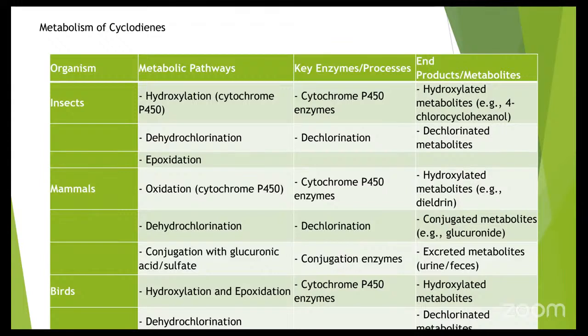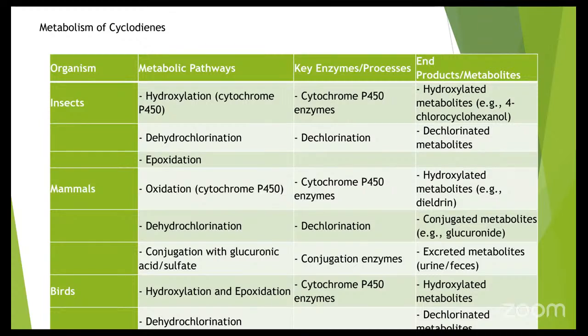So you can see that it is much more persistent than alpha endosulfan. Mirex is relatively very stable and is not easily metabolized by animals. Its photodecomposition is slow. In mammals, isodrin is epoxidized to endrin, which is oxidized without skeletal rearrangement and excreted. So that is the metabolism of cyclodienes.